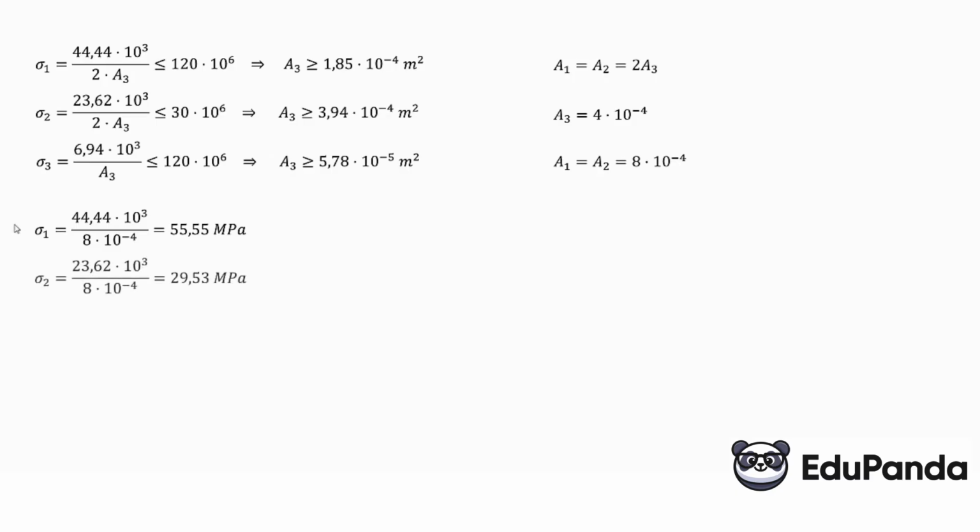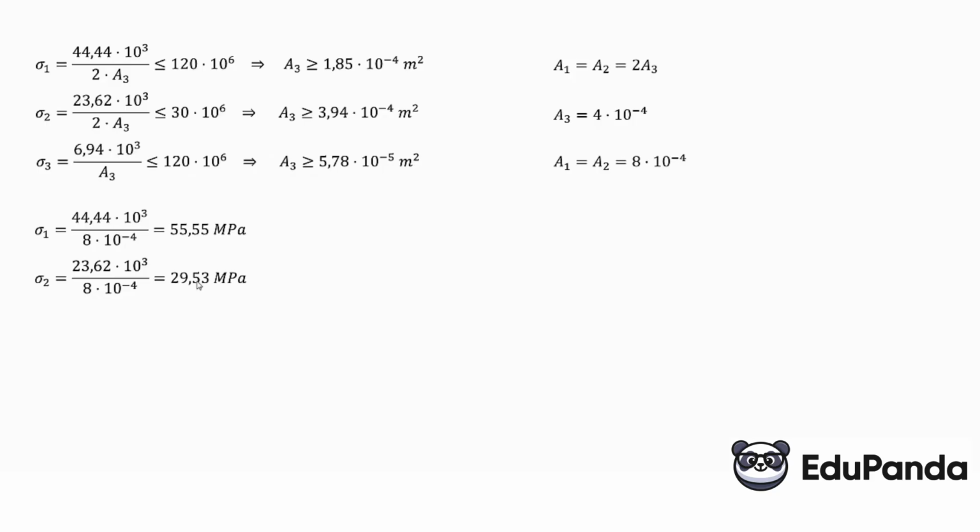The stress in the second bar is 23.62, that is, the force in the second bar divided by the cross-sectional area, is 29.53 megapascals. Note that the tensile strength of steel was 120 megapascals. And with this dimensioned area, we have not even half of that, but we dimensioned based on the second condition. So here in this second one, we are at the limit of strength.